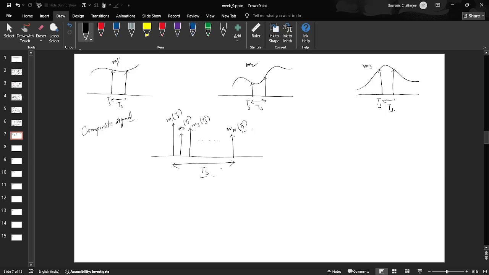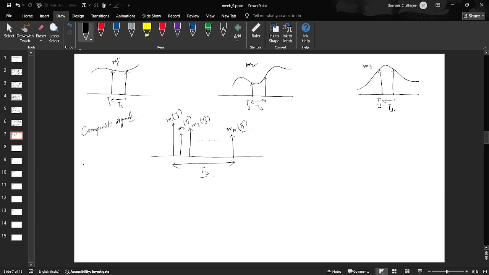Because in this Ts interval it has to collect the samples from all of them, because the moment the Ts interval has passed, the commutator should go back to M1, because at M1 the sample M1(2Ts) has already arrived. So you can see here, whereas for an individual message signal there is only one sample at every Ts instant, the composite signal is multiplexing all the message signals. So basically in the Ts instant it has n message samples.